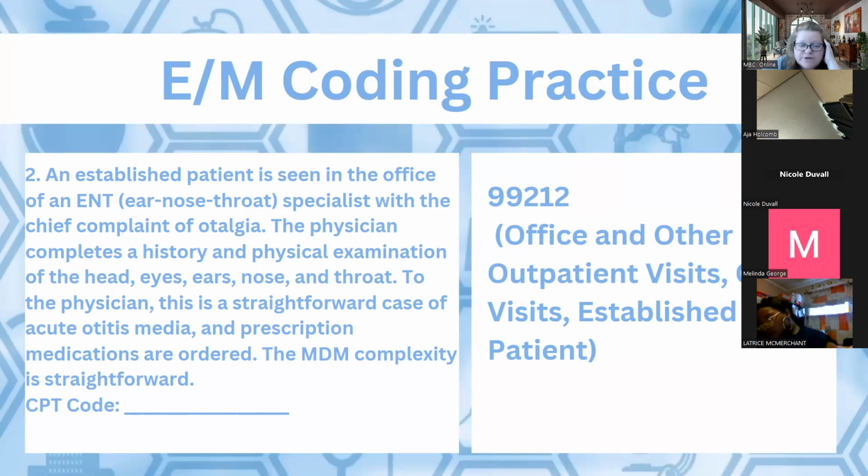To the physician, there is a straightforward case of acute otitis media, and prescription medications are ordered. The MDM complexity is straightforward. So we've got straightforward complexity, and again, one illness. What's the big difference between these?